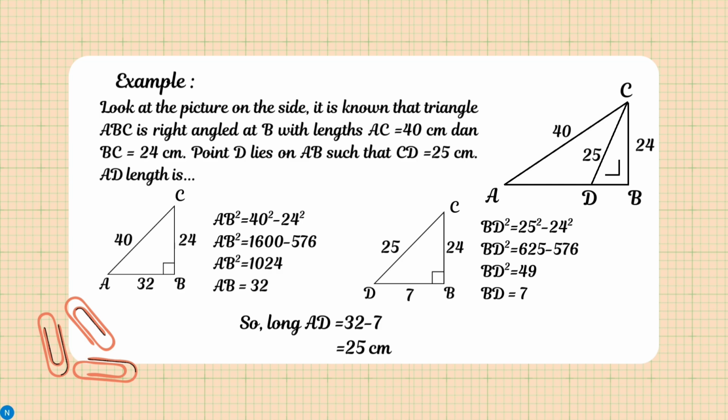AB squared equals 1600 minus 576. AB squared equals 1024. AB equals 32.